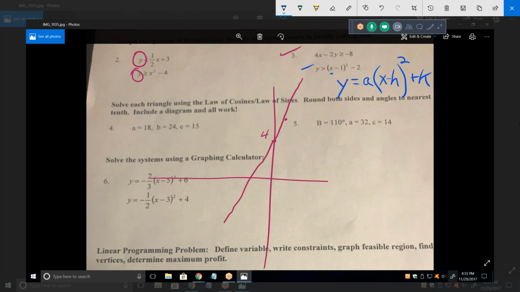What's H? H is -1. Well, if H were -1, then I would have x minus a -1, and I would be staring at x plus 1. I'm not. I'm staring at x minus 1. So what is H? It's 1. And at this level of math, it is always x minus h and y minus k.